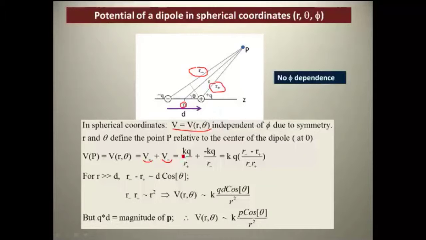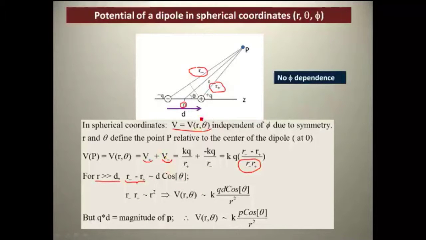If we take this expression here and multiply both top and bottom by this quantity right here, then what we get is kq times r minus minus r plus over this quantity here. Okay, so now we make an approximation, and we say if r is much greater than d, then the difference between these two vectors will be approximately equal to d times the cosine of theta.